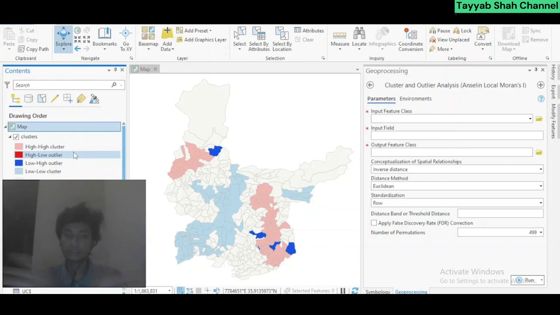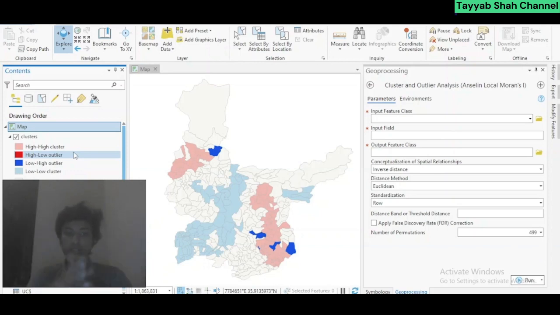In this map we aren't seeing any outlier of this class, because most of the union councils in our study are in a spatial pattern where mountains are around them. It's a rare case that a union council is outside the mountains while the others are in the middle of the mountains.